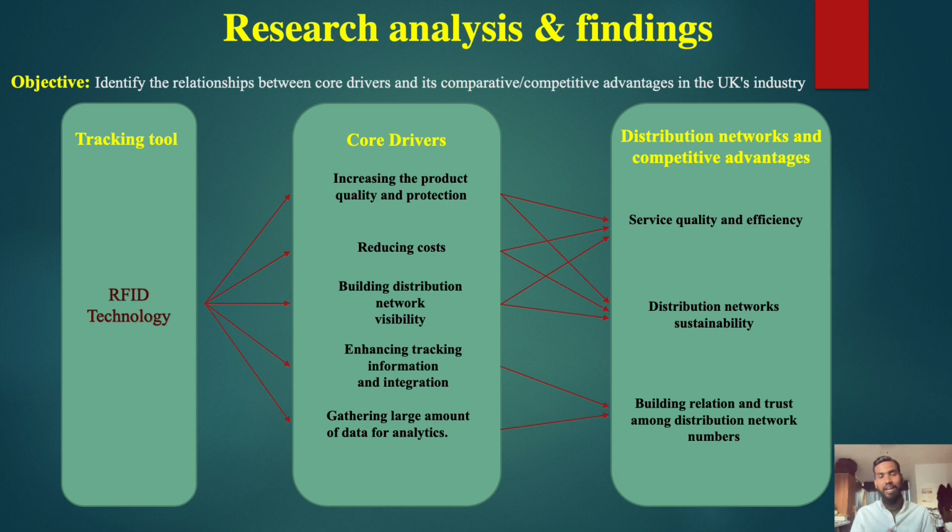It's obviously RFID technology, and that's my core driver. In relation to other things, I have found that increasing the product quality and protection has a direct connection to service quality and efficiency, and distribution network sustainability, but it doesn't have any connection with building relations and trust among distribution network members.